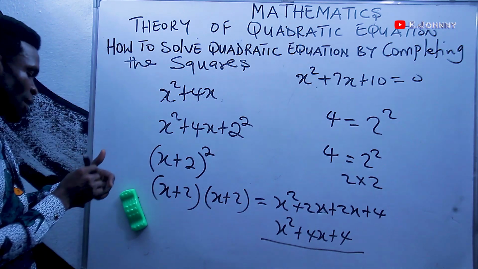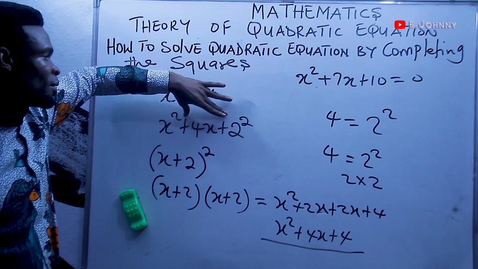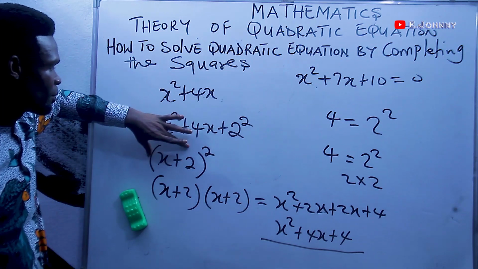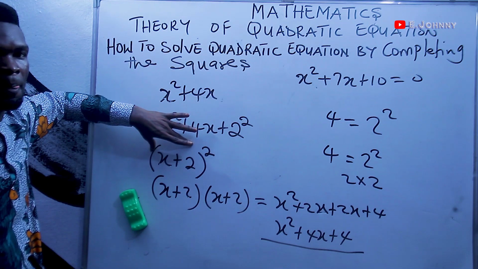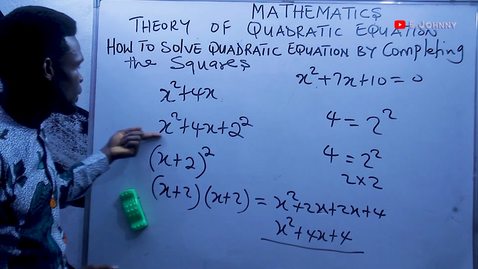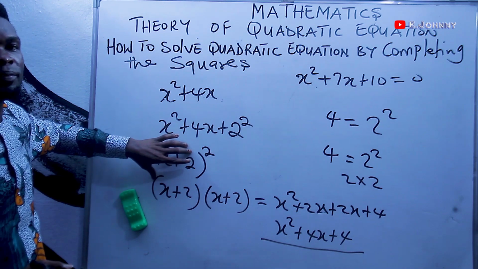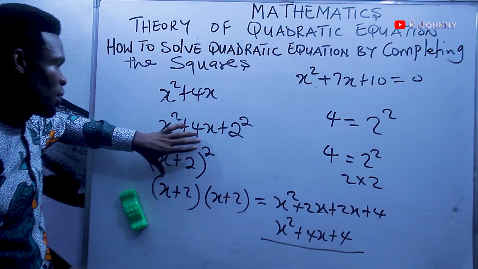That is exactly how to write this in index form. You can see that by the time we expand this, we obtain this back. So this is now the perfect square of this.